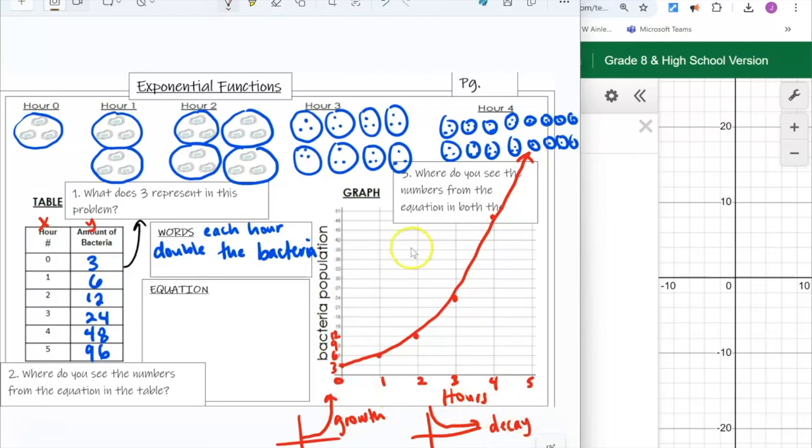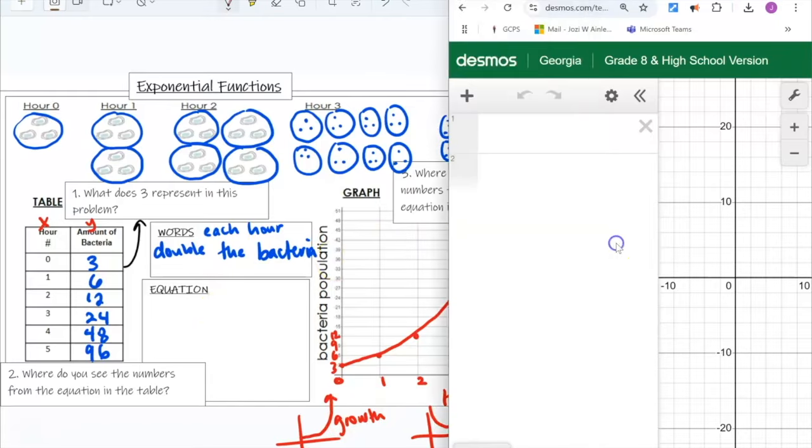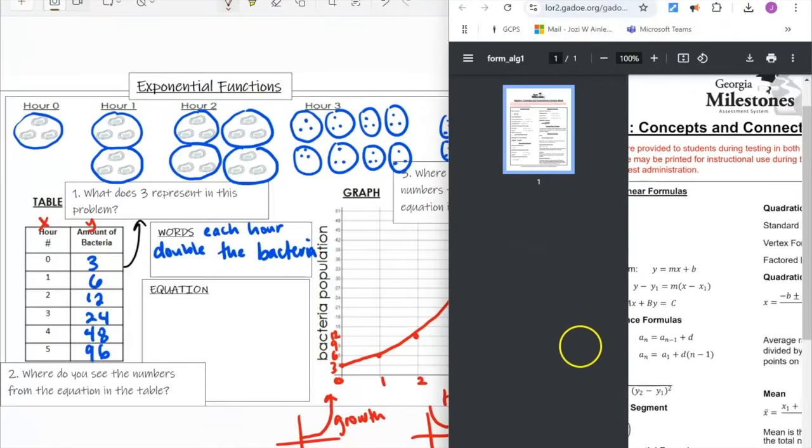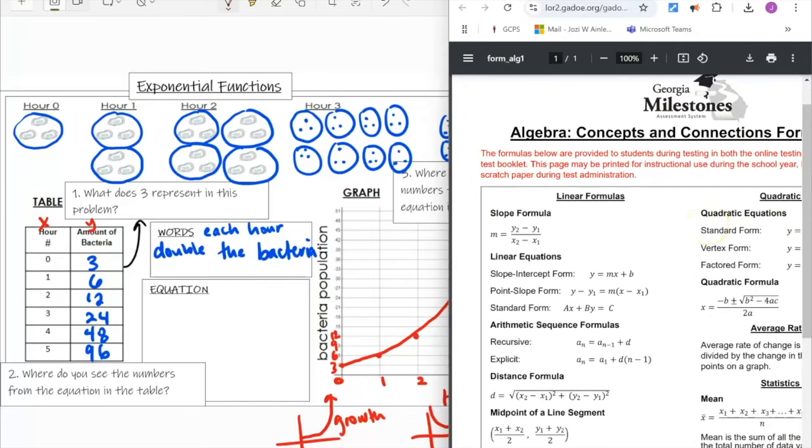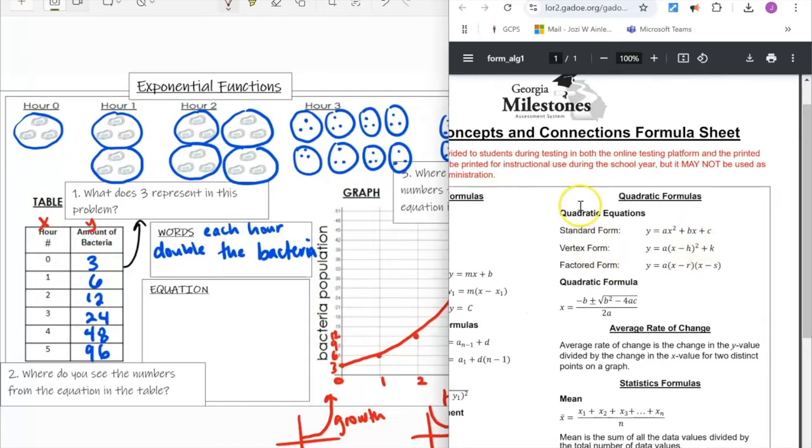Now that we have a graph, let's take a look at the equation. Equation wise, you can see that right off of a formula sheet. So you will get this formula as always, and we're going to look for it. We're used to looking at y equals mx plus b, which is a straight line, which is linear. We're also used to seeing y equals ax squared plus bx plus c, which is the standard form for quadratic.